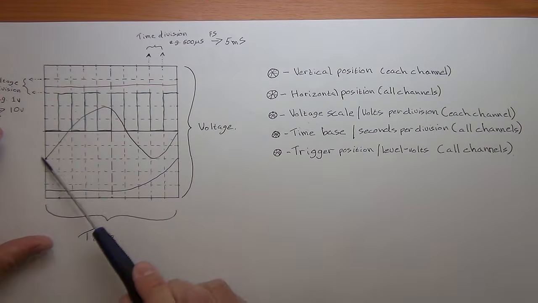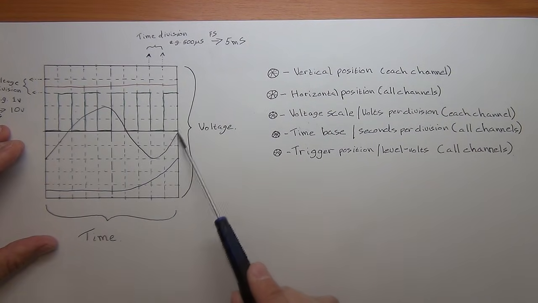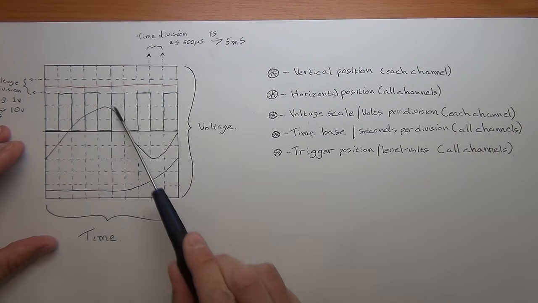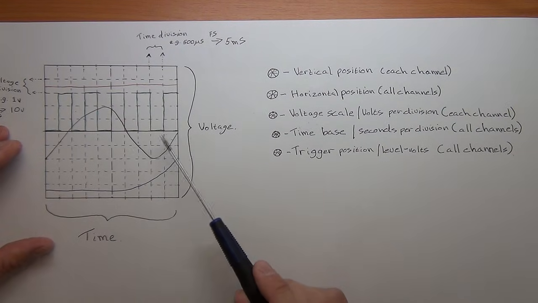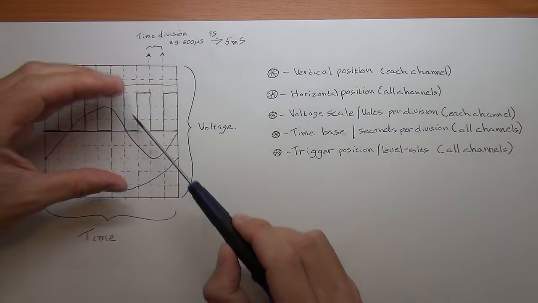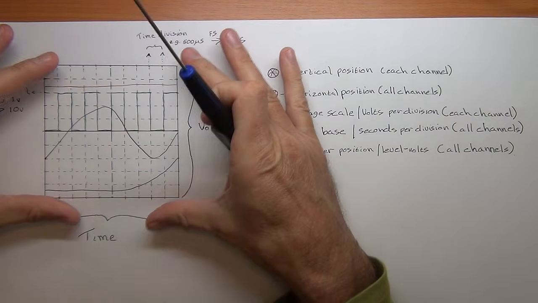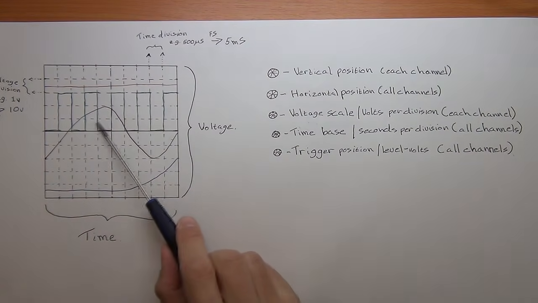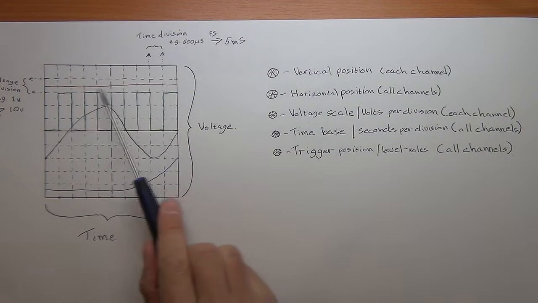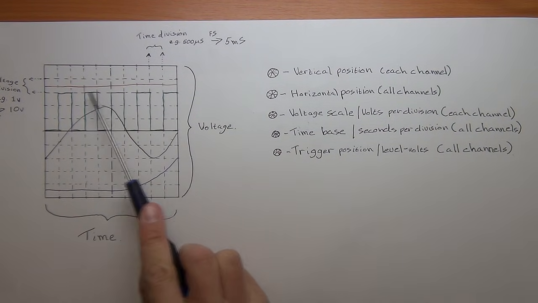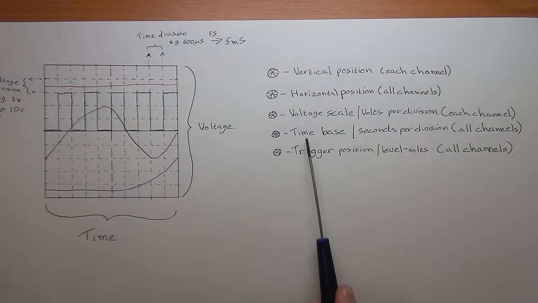As an example, with the sinusoidal wave, if you changed the scale at which you're viewing this, you could zoom in so that only the top part of the signal was in the display. That is done by changing both the voltage scale and even the time base.